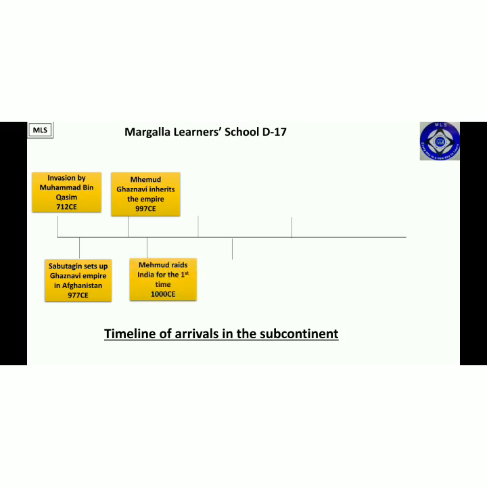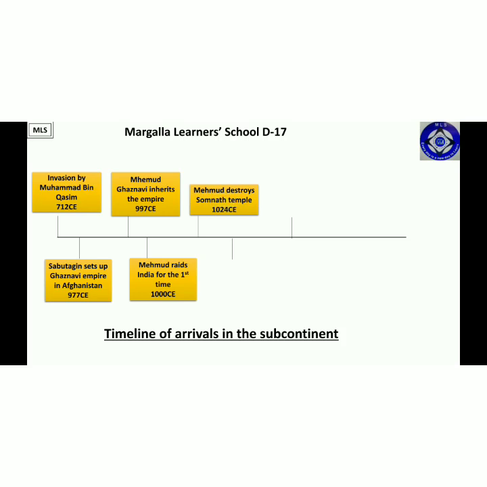He is a famous warrior in the subcontinent. He raids India for the first time in 1000 Common Era. Basically, Mahmud Ghaznavi raided India 17 times, but 1000 Common Era was the first time when he invaded India. He destroyed the Somnath temple.